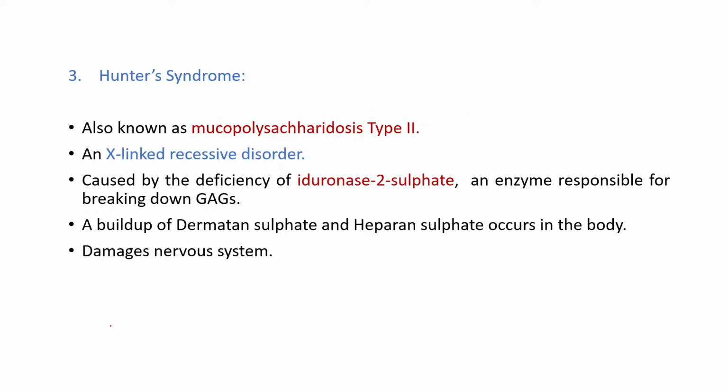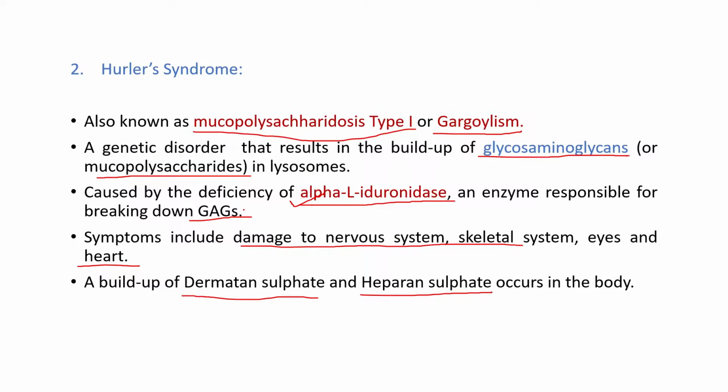Now the third one is Hunter's syndrome. This is also a very important lysosomal disease. It is also known as mucopolysaccharidosis type 2. It's an X-linked recessive disorder. This is caused by the deficiency of iduronate 2 sulfatase. This enzyme is responsible for the breakdown of GAGs, similar to the previous one in Hurler's syndrome, which is alpha L-iduronidase.